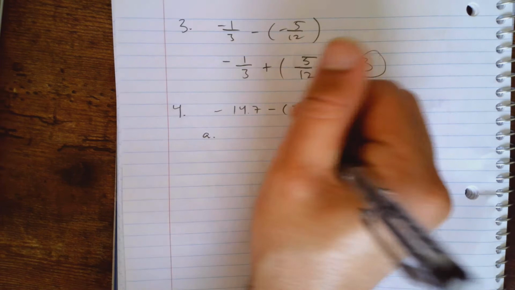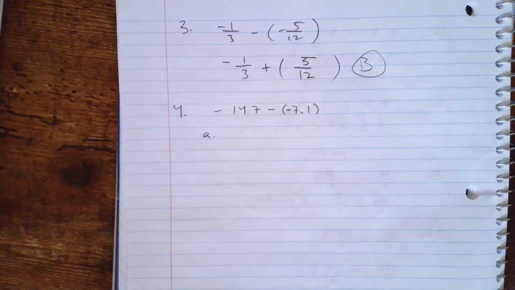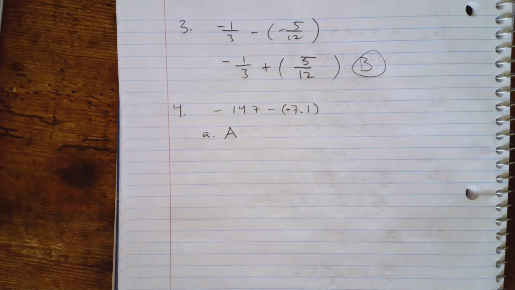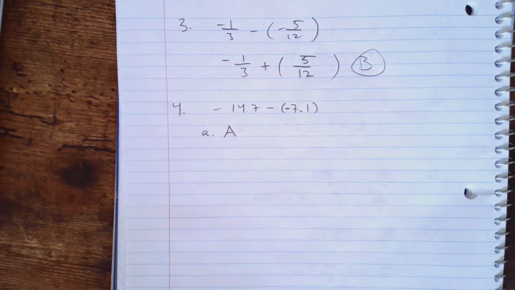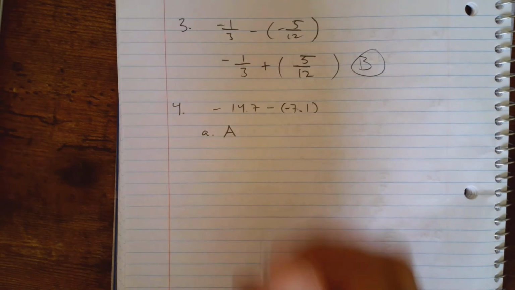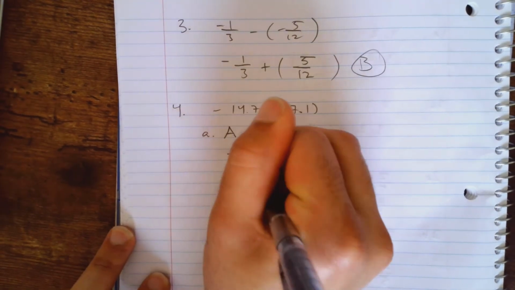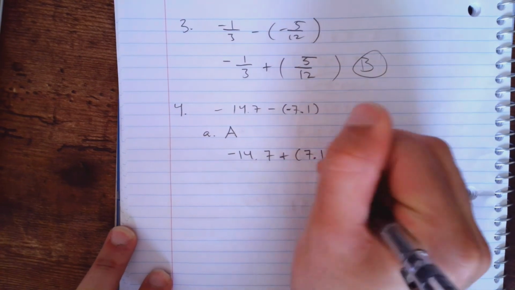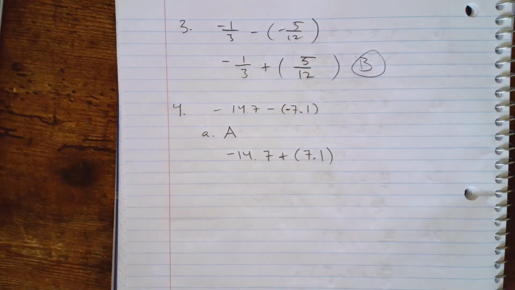Good. So, for A, we have A. And what is the opposite of 7.1, or -7.1 rather? Good. So we have -14.7 plus 7.1. And now we can just go ahead and solve.